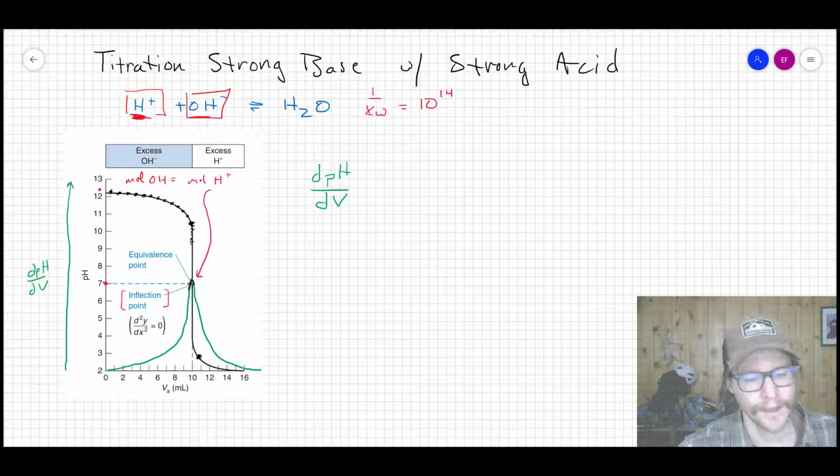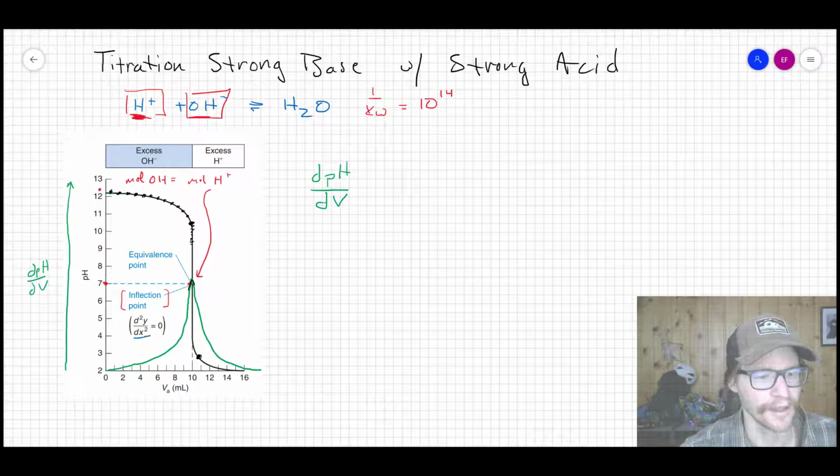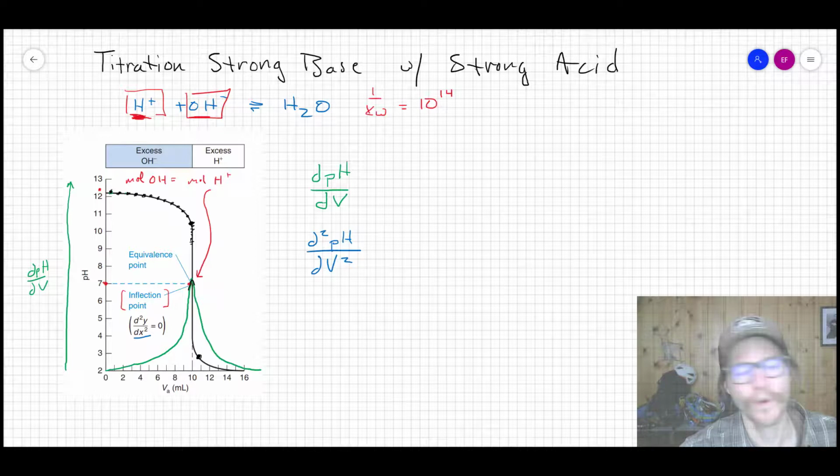So, it can be a little tricky to do this with just simply doing the first derivative. So what can be better, and what's stated straight on here, is that we can actually take the second derivative of this, which would be this. And what would the second derivative be? Really, it's looking at the slope of the green line, right?